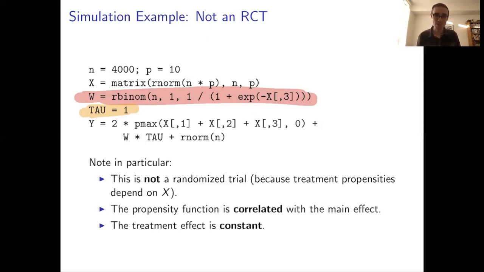But now there's more confounding, because you'll notice not only does your probability of being treated vary with X, but generally the bigger X3 is, the bigger Y is going to be on average. So there's a correlation between your baseline effect and treatment assignment probability. So if you don't address the confounding, you're going to end up in trouble.